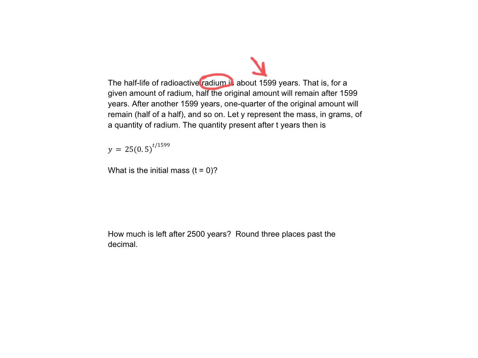So if you started with 10 units of whatever it happened to be, however you would measure it, after 1,599 years, you would have 5, right? It takes that long to become half of what it originally was. So after another 1,599 years, a quarter of the original amount, which would be half of a half, and so on.